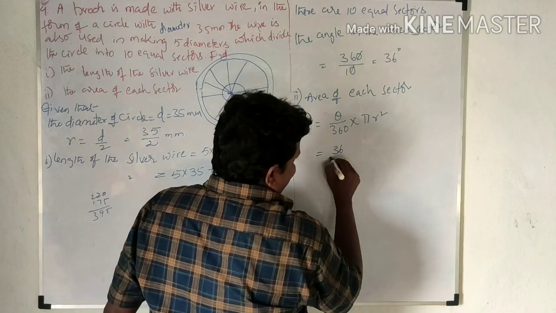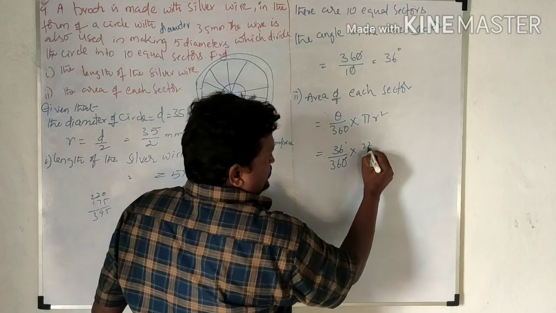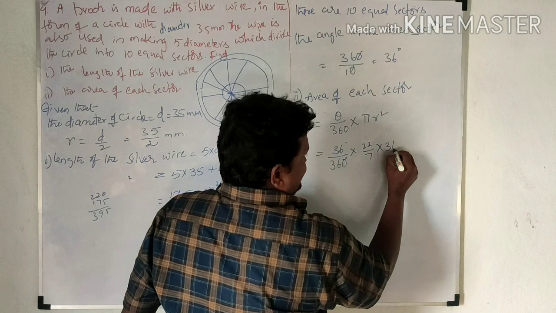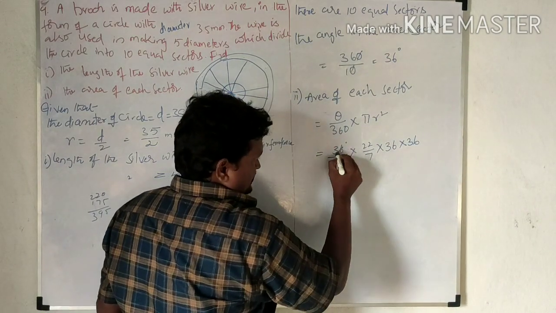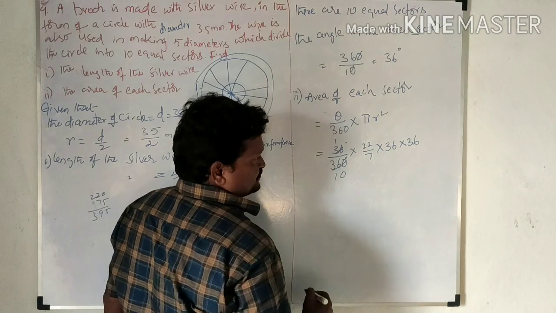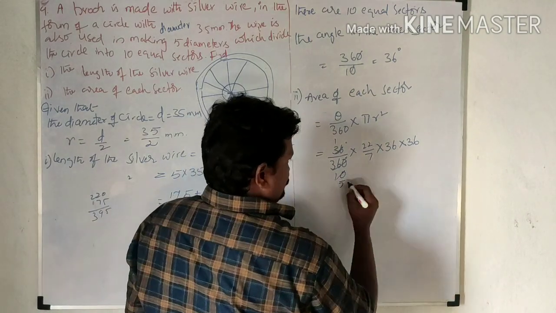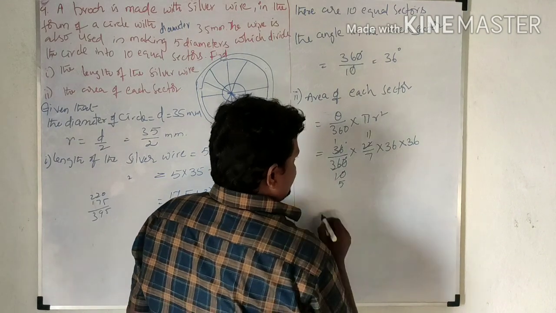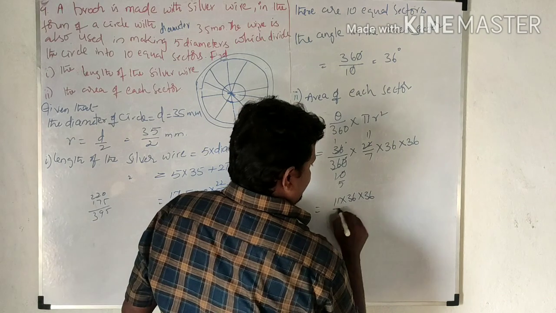Theta means 36 by 360 into 22 by 7 into 35 by 2 into 35 by 2. Cancelling, it will be 11 into 36 into 36 by 5.